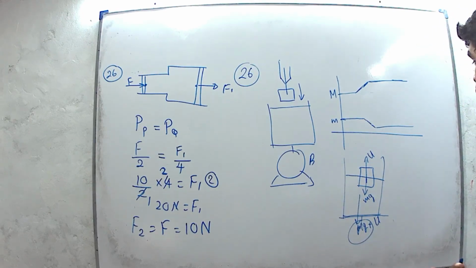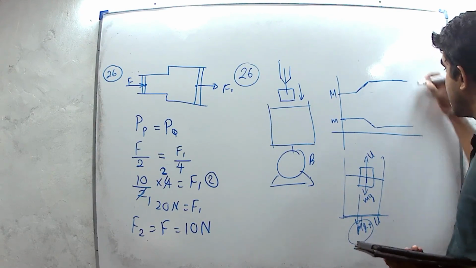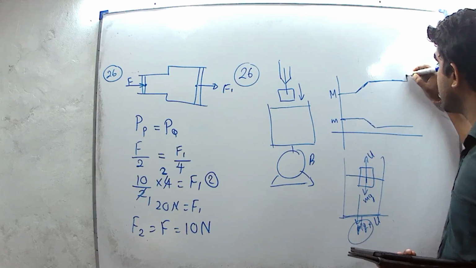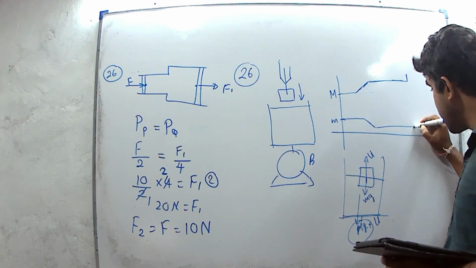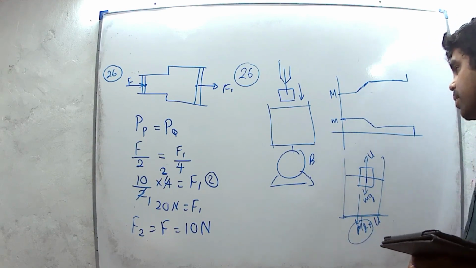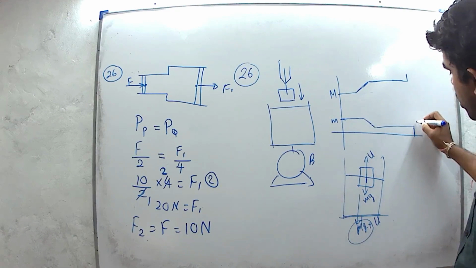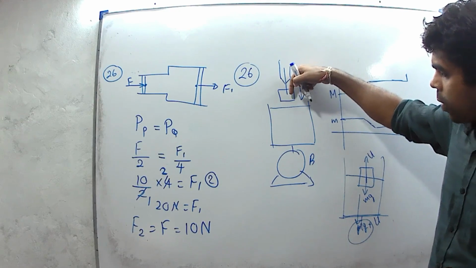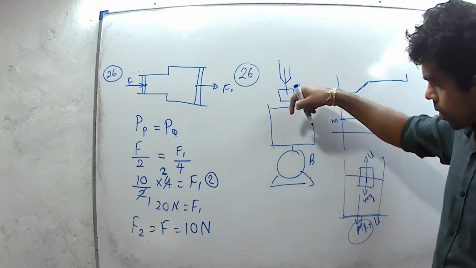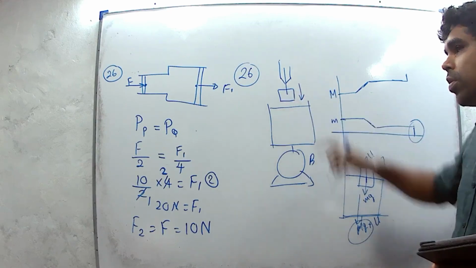But for the final situation, in the second graph, they have given that M is increasing like this and small m is decreasing like this. It means this part: when this object is touching the bottom of the container, the tension of this cord is 0.